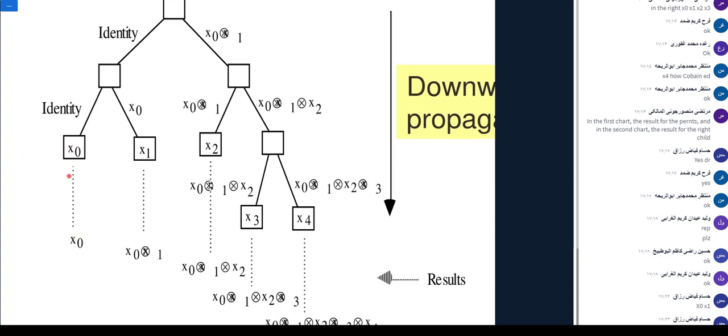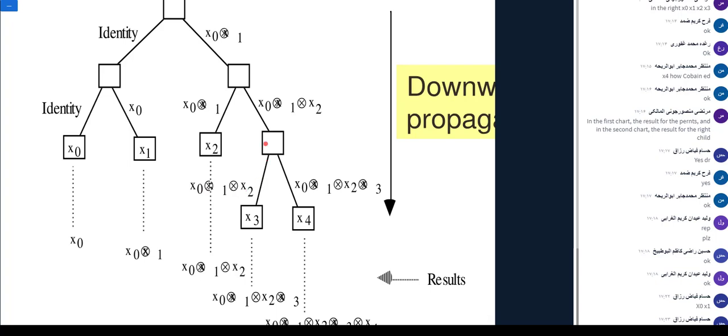For each leaf, what is received from up is combined with its own value, and its prefix is done. I X0, X0, X0 X1, X2, X2, X0 X1, X0 X1 X2.